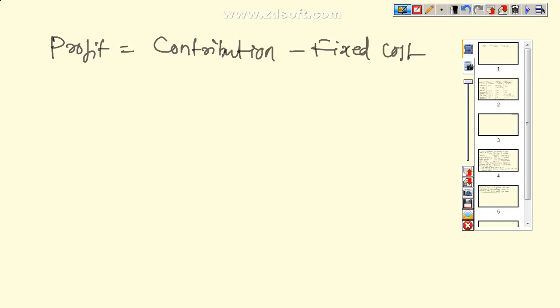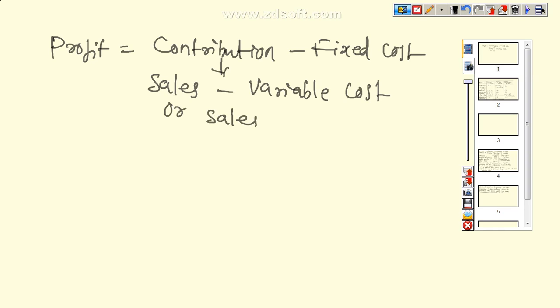So in order to calculate contribution, we can apply sales minus variable cost, or we can apply the formula sales into PV ratio. So we can apply sales minus variable cost.